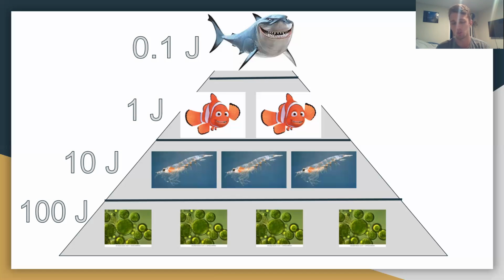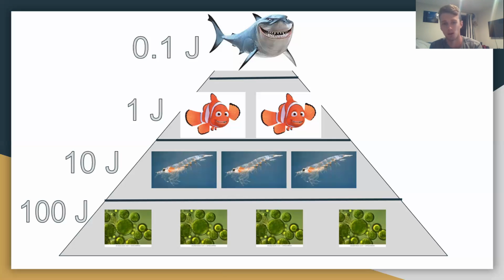So when the krill eat the algae or whatever the producer may be producing, they only get 10% of that. So they would only get 10 joules worth of energy from it.